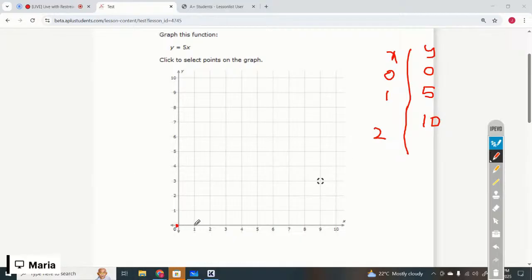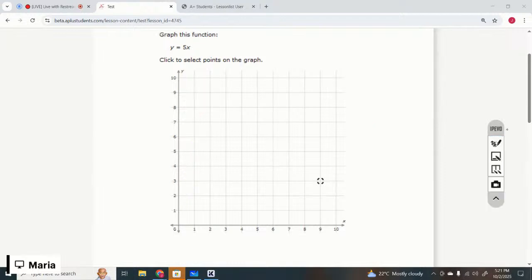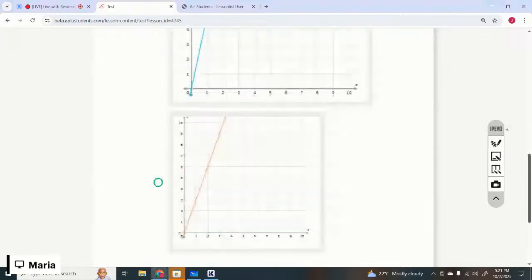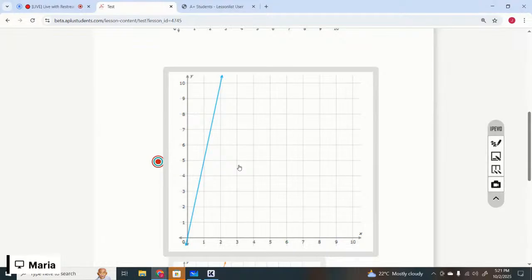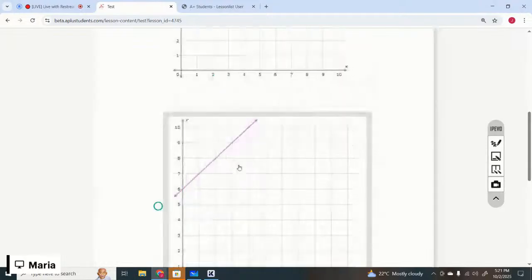So here we have 0, 0, 1 and 5, and 2 and 10. Just join them and make a line. Option number 1 is the correct option. You can see y is 5.